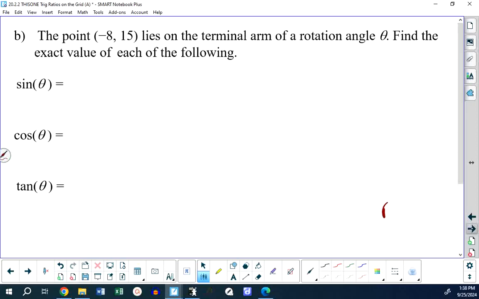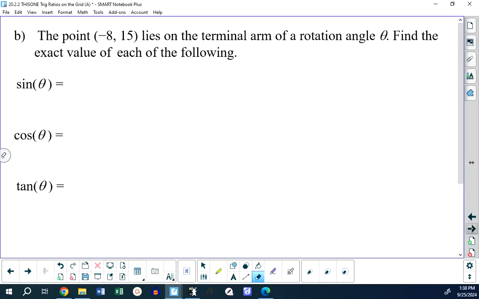B, the point (-8, 15) lies on the terminal arm. By the way, (-8, 15) would be in quadrant 2. 8 to the left, 15 up. I hope it's clear that since sine and cosine of the rotation angle by definition are something divided by r, you need to find r.